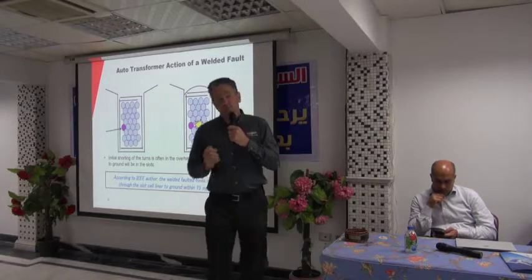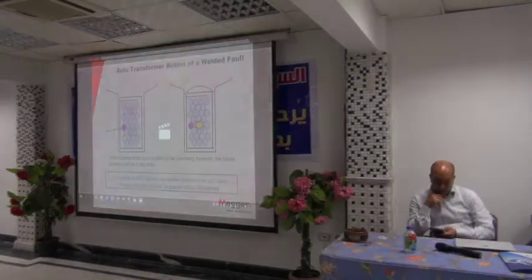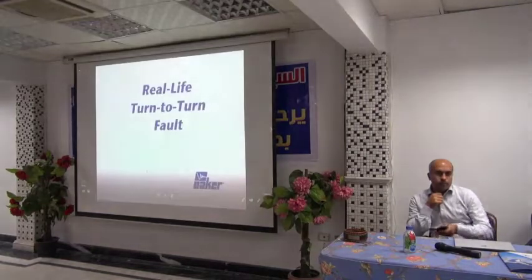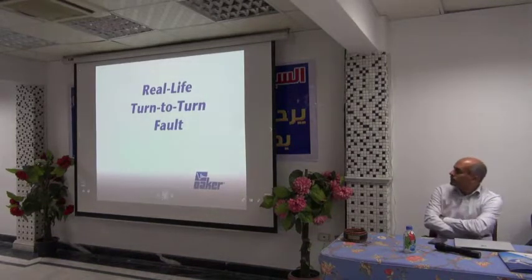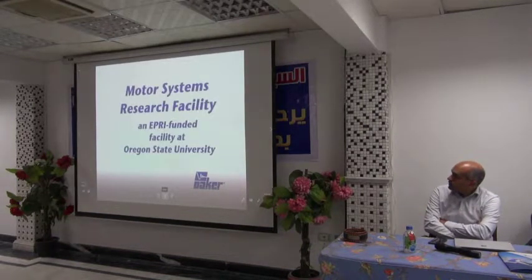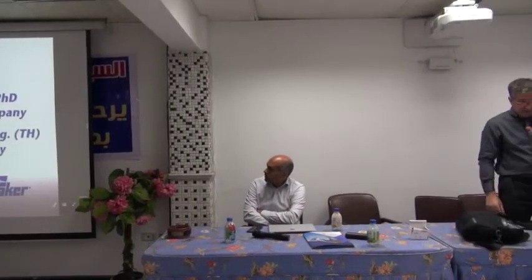So I have a video which is quite interesting. This is an experiment performed at Oregon State University by a guy that used to work for Baker. Unfortunately, he was killed in a road accident a few years ago.